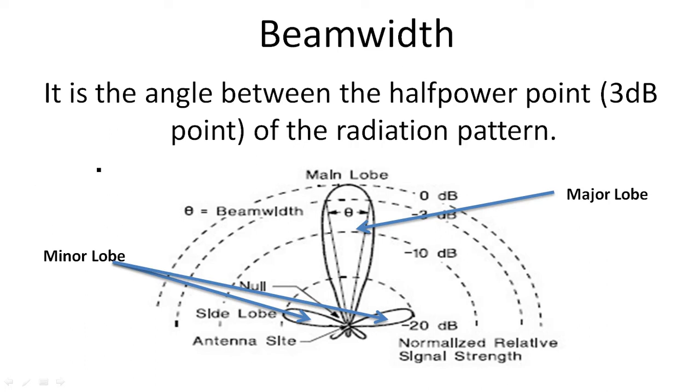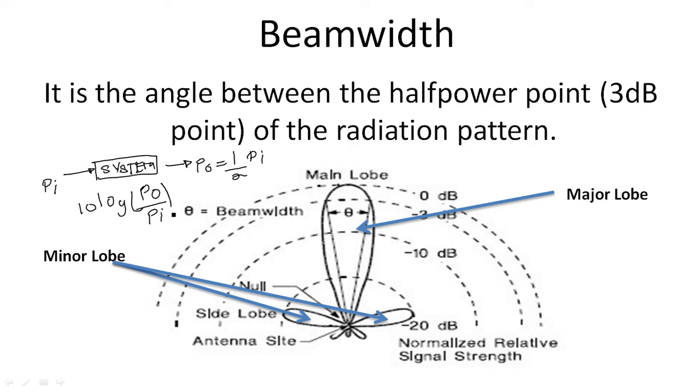So, halimbawa, meron tayong system. And may pumasok na input power dyan. And paglabas, yung output power is half nung pumasok. Okay, so pag kinuha natin yung gain nitong system na to, or yung power gain, is 10 log of P out over P in.